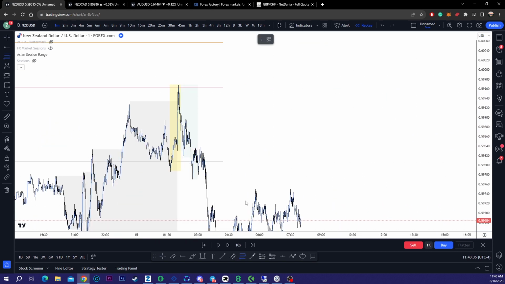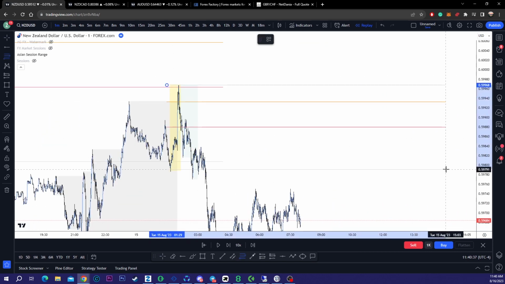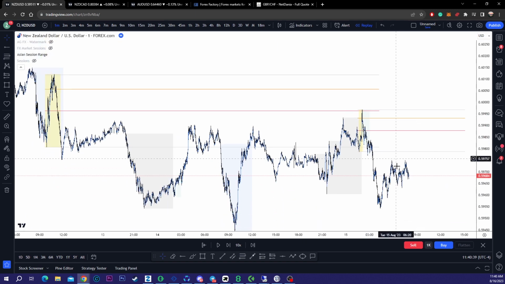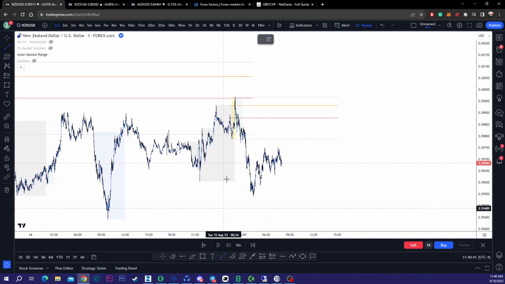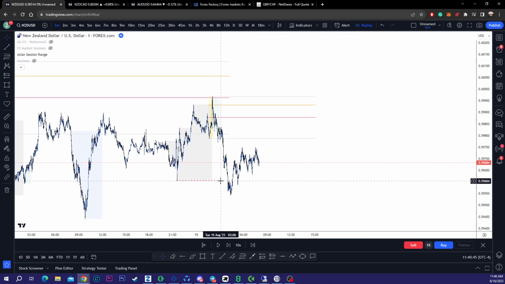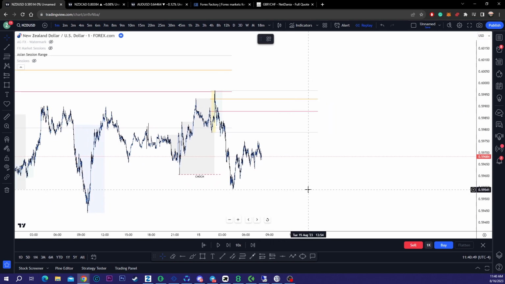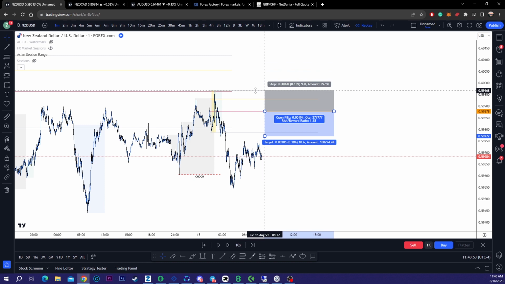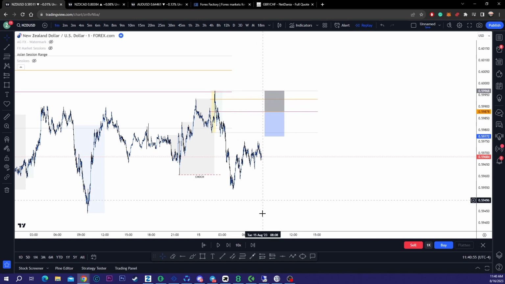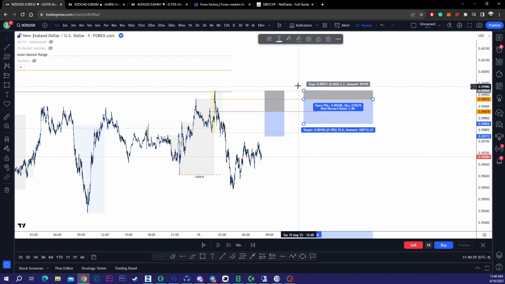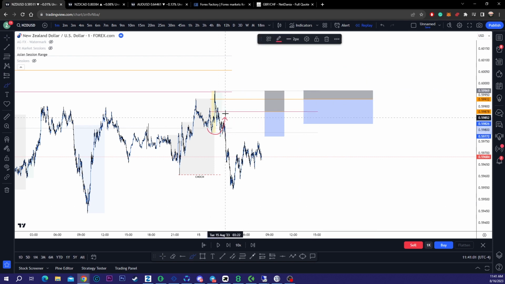So that makes this here a new point of interest for us. You can see we go lower and we break this low right here. Once we do that, that creates our change of character to the bottom. So that allows me to at least place a limit order right here. We had a limit order at the 50%, and we also had a limit order at the 80% here of our manipulation.